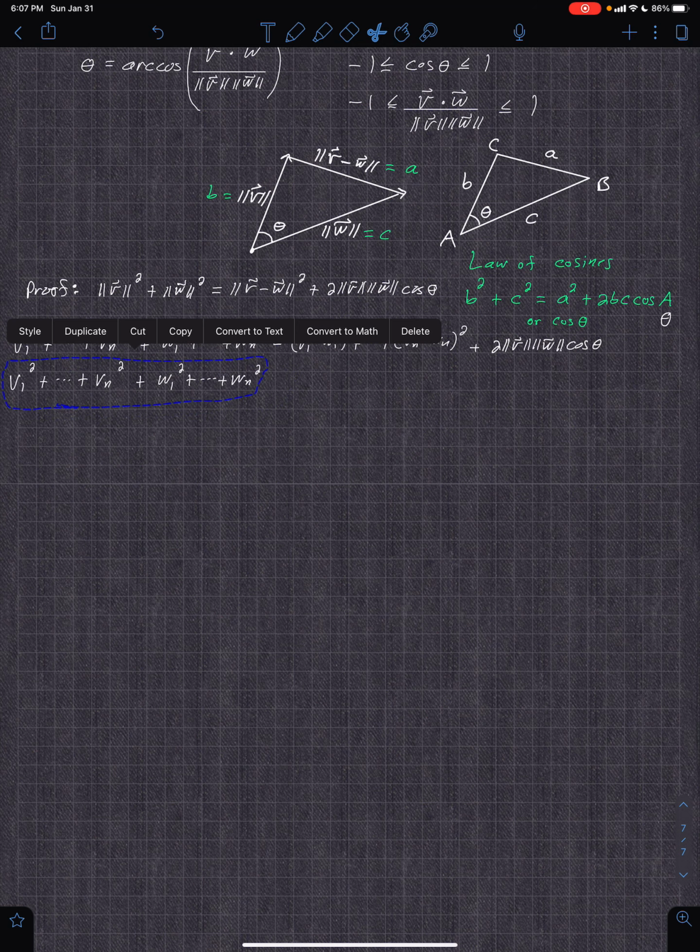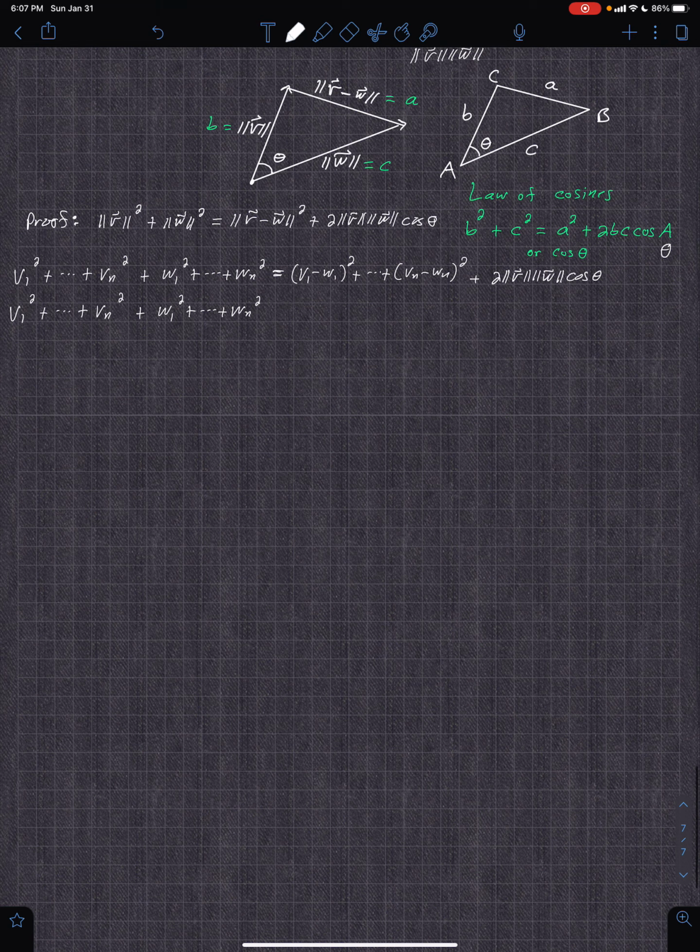The right-hand side ends up being V1 squared plus all the way down to Vn squared, and then the middle terms will be the negative 2V1 W1, and that keeps on going like that, all the way to 2Vn Wn, and then plus W1 squared plus ... plus Wn squared.